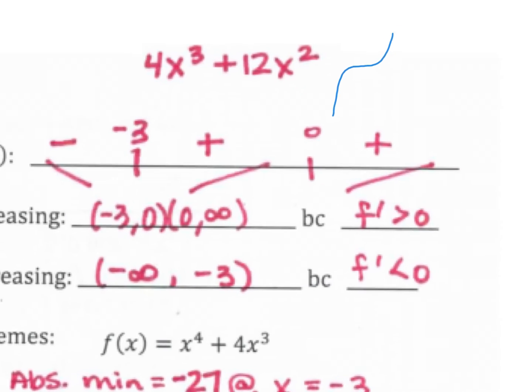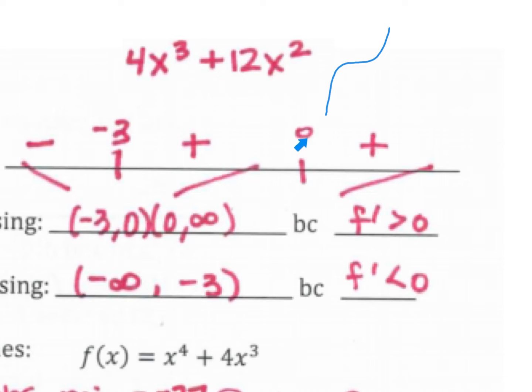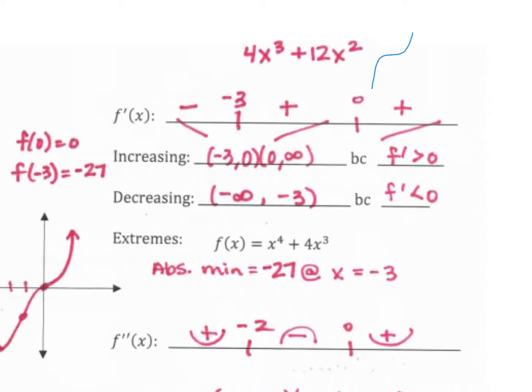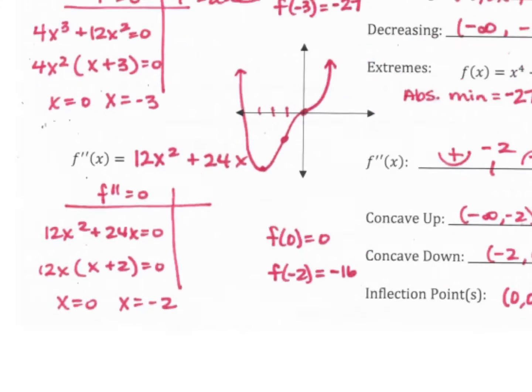Notice we didn't plug in 0 for x because we didn't switch from positive to negative slope. That wouldn't result in a max or min. Sure, it might be a critical point, maybe it's an inflection point, but it's not going to be a max or a min here. So now let's get to our second derivative.